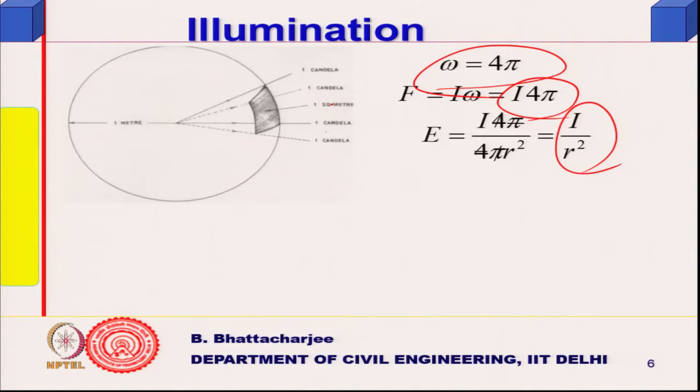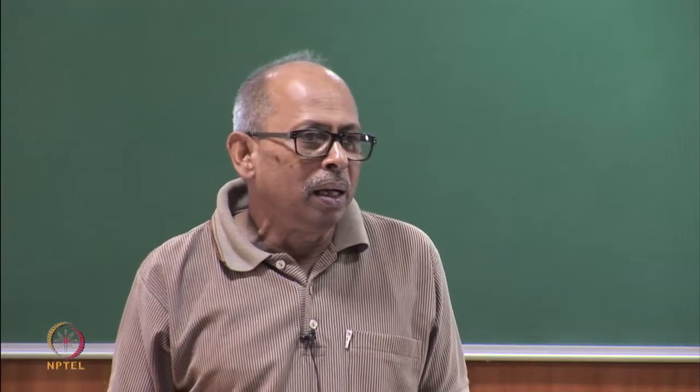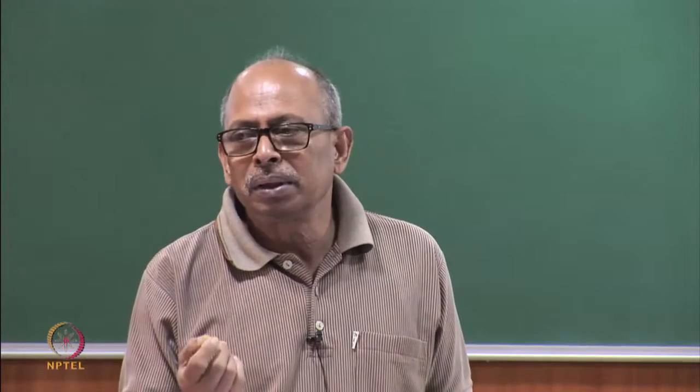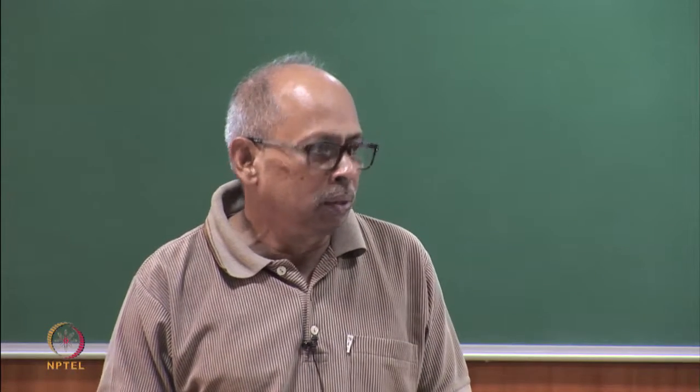So, this is along the normal direction, but the general equation will be different, because there will be a general law if it is projected. If it is a spherical front going in all directions, that is simply I by r square, because theta would be equal to 0, cos theta is equal to 1, right.